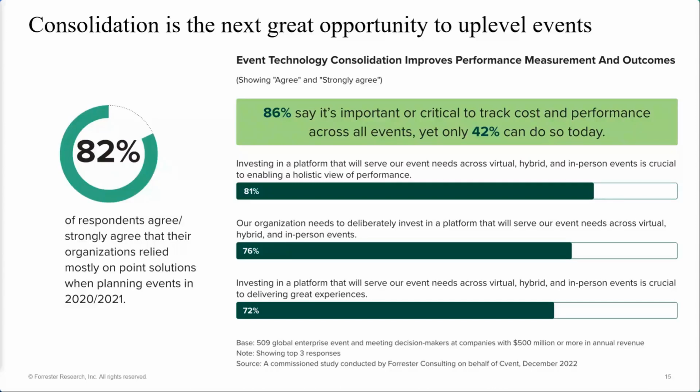As you read through that, you'll see that a large number of the respondents say that consolidation, investing in a platform, is crucial in order to get that holistic view of performance, the ability to serve the different needs across a variety of event formats that we were just talking about, and ultimately to deliver that great customer experience. And don't forget, besides revenue, that's the second most important objective that these respondents said they had for their business.